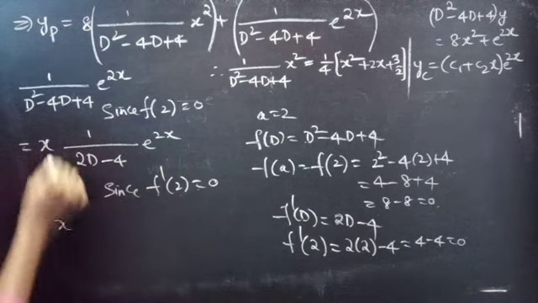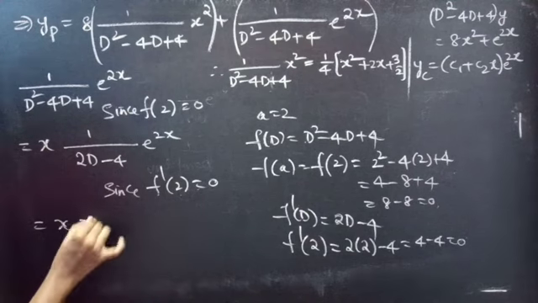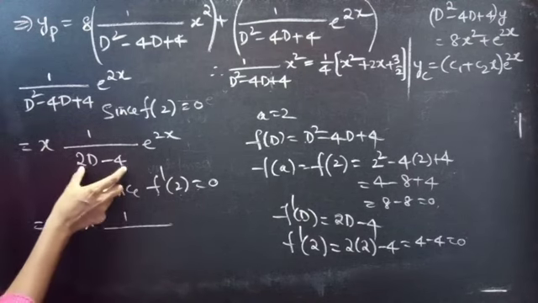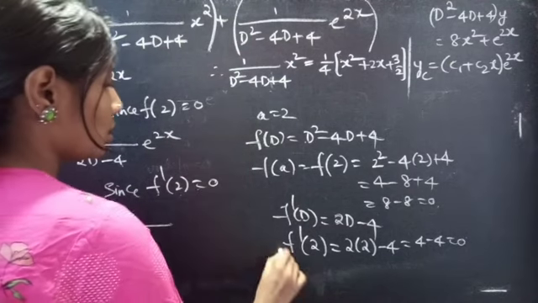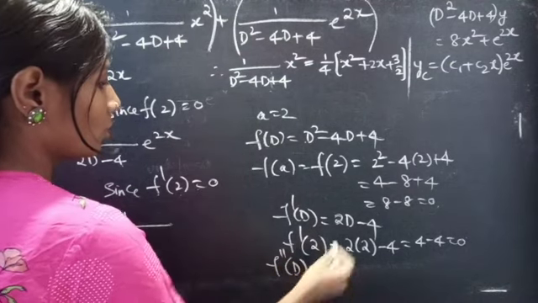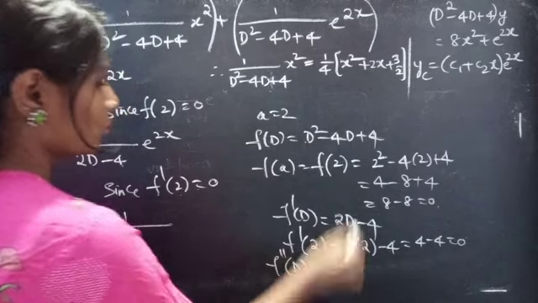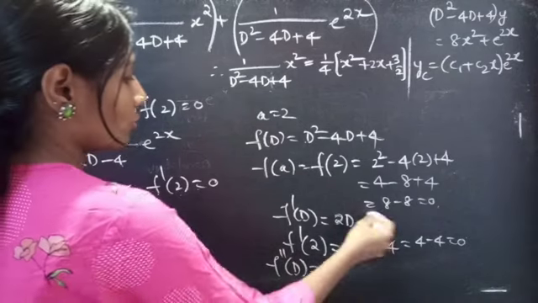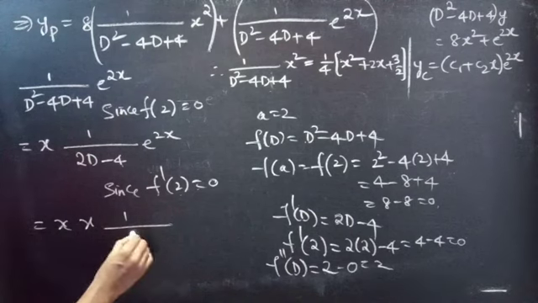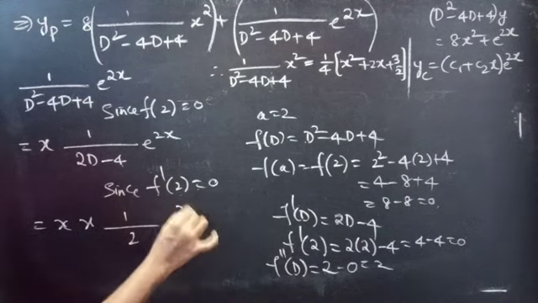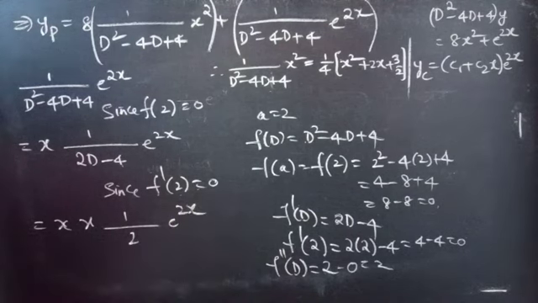So leave this x as it is. Again write one more x into 1 by, find the derivative of 2d minus 4. Okay, f double dash of d is, derivative of 2d is 2 minus derivative of constant is 0, which is 2, right? 2 minus 0 is 2. So you'll get 2 here into e power 2x.